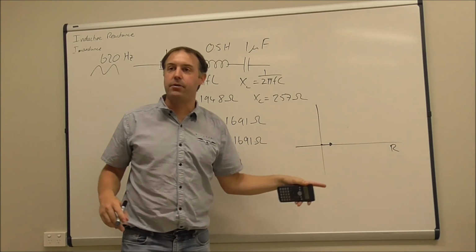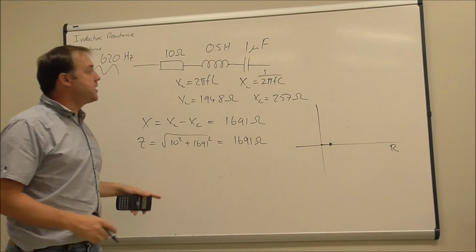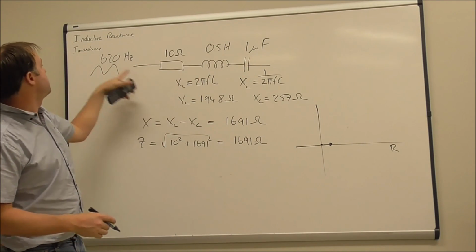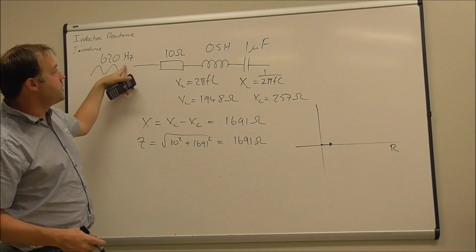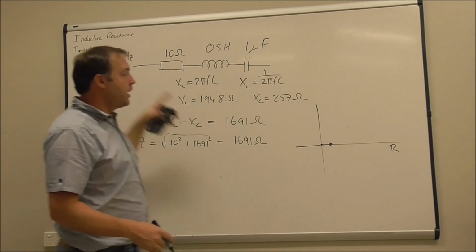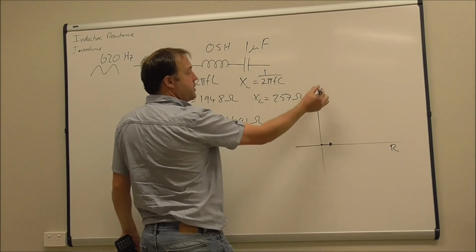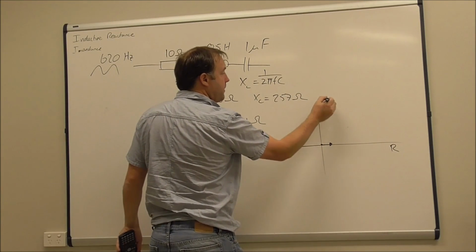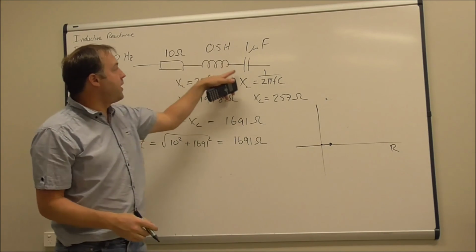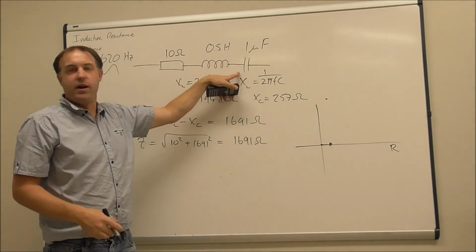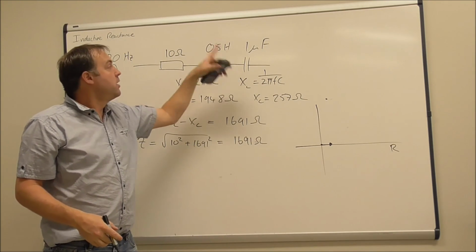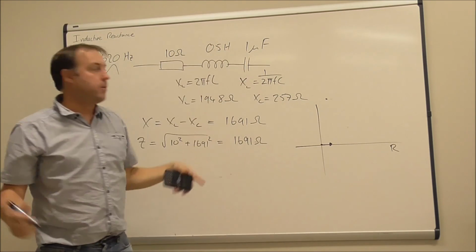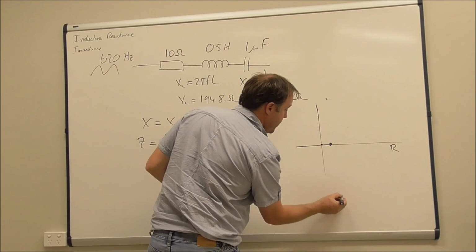As I scale through the frequencies, at this frequency, which is reasonably high for this inductor, we've got a large inductive reactance, so it's going to be up here somewhere. And the capacitive reactance is not going to be very affected by it. At low frequencies, the capacitive reactance is going to dominate, and that's going to be down here somewhere.